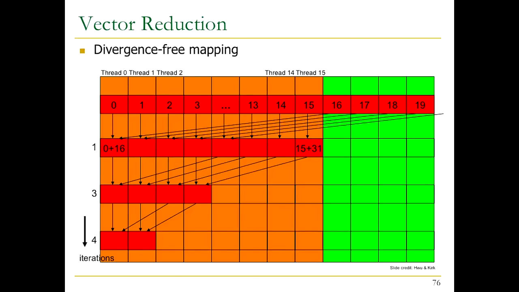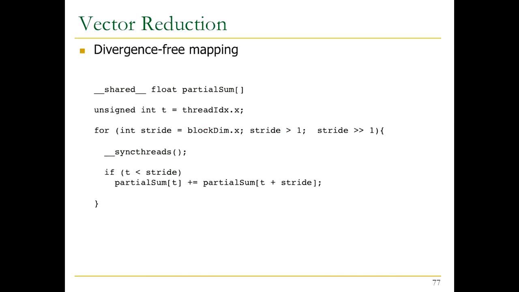Observe that in this case, we are going to have consecutive threads active, and each of the threads is reading one position and another position that is far away. But the good thing here is that the next thread is also active, and it's also reading another position that is far away, but it's also consecutive to the adjacent thread, okay? This is a very simple transformation, as you can see.